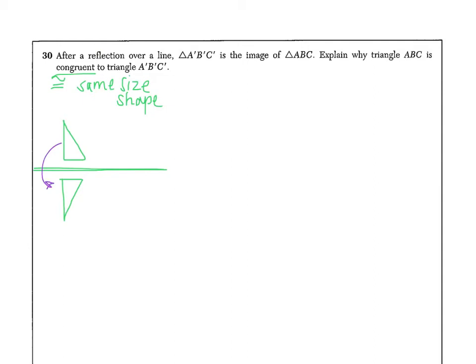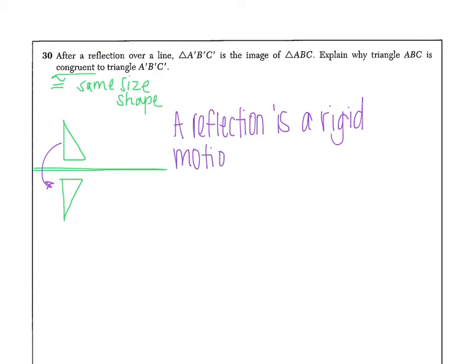So we can say something along the lines of a reflection is a rigid motion, which preserves distance.